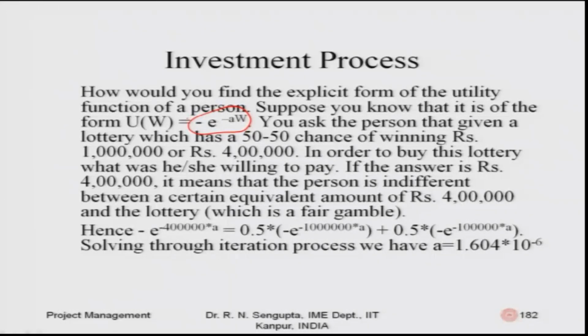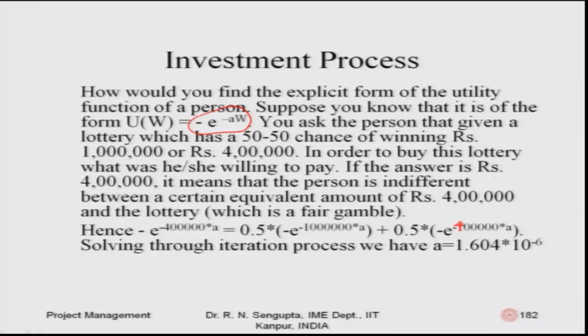Now, here the value of a has to be calculated. If you put the values 10 lakhs and 4 lakhs in the gamble, you will have these values. Let me correct it. It will be 4 lakhs here, and this is 10 lakhs.